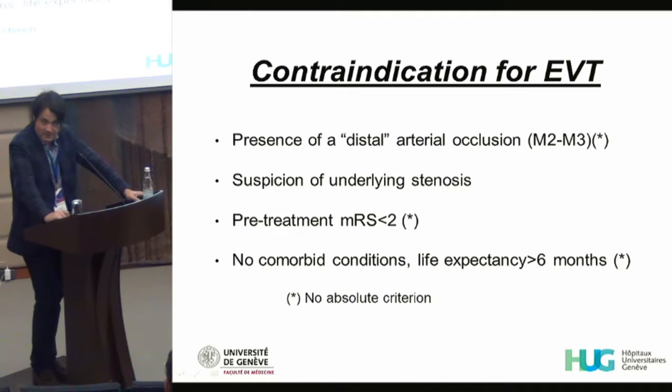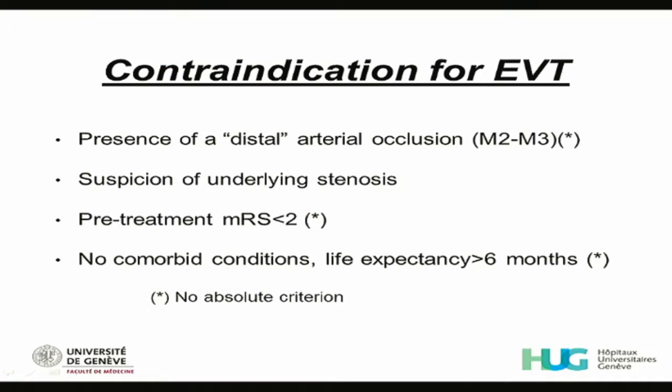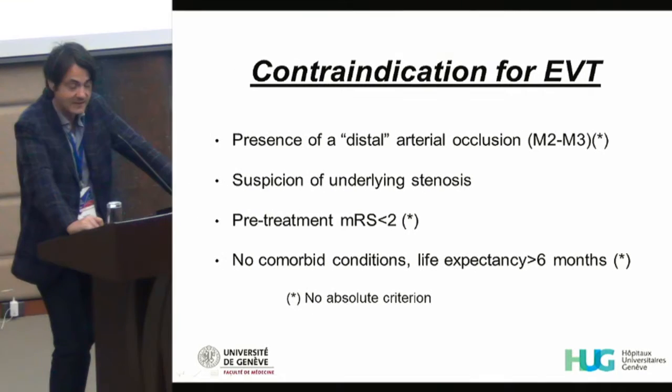We don't treat when the occlusion is distal, so when we have an M2, M3 occlusion in the non-dominant hemisphere, for example on the right side, and when the occlusion is related to a core which is already present, in other words, we don't have any penumbra.